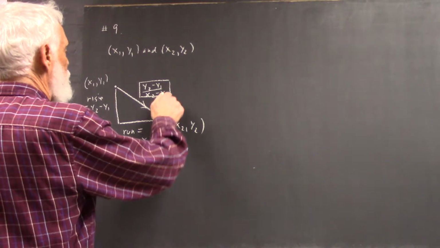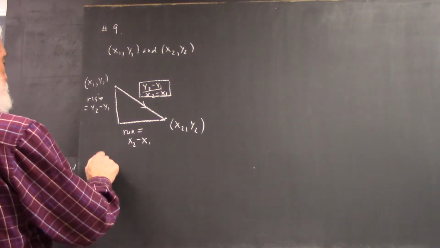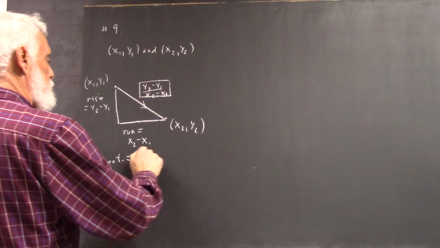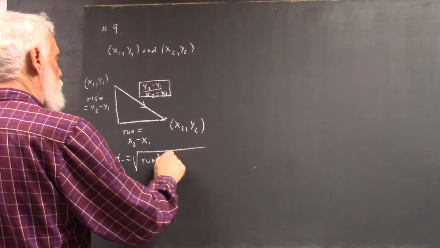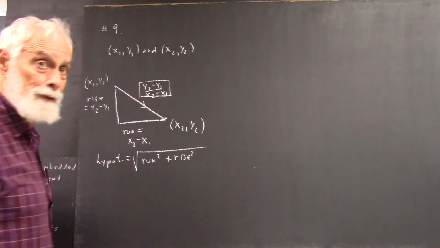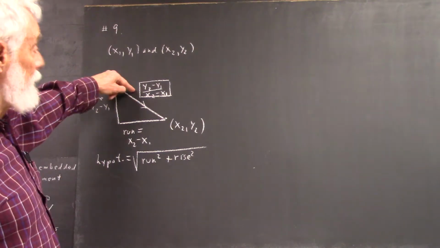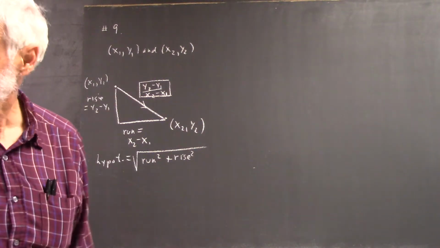And then we also can find the hypotenuse, right? Well, it's the square root of the square of the run plus the square of the rise. That's just Pythagorean theorem. And we're used to that because I usually see the hypotenuse.